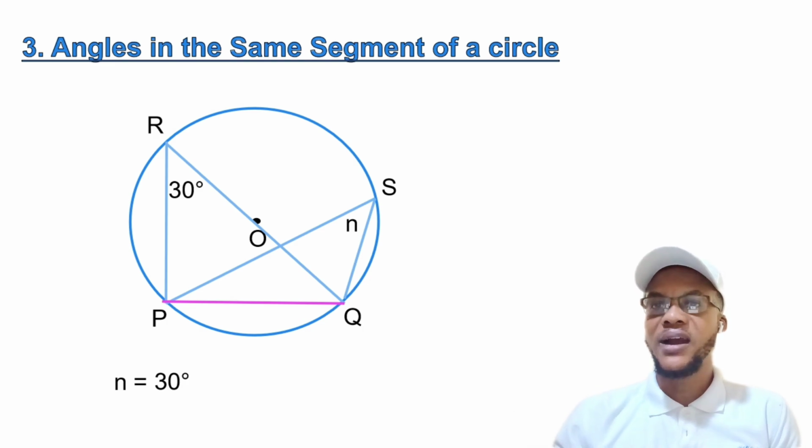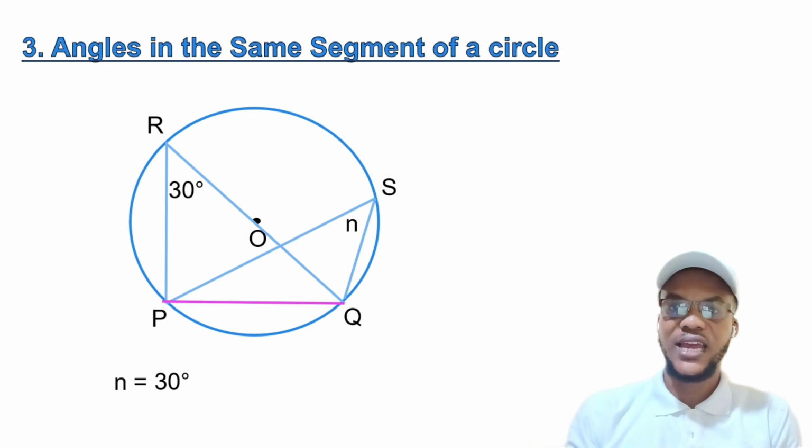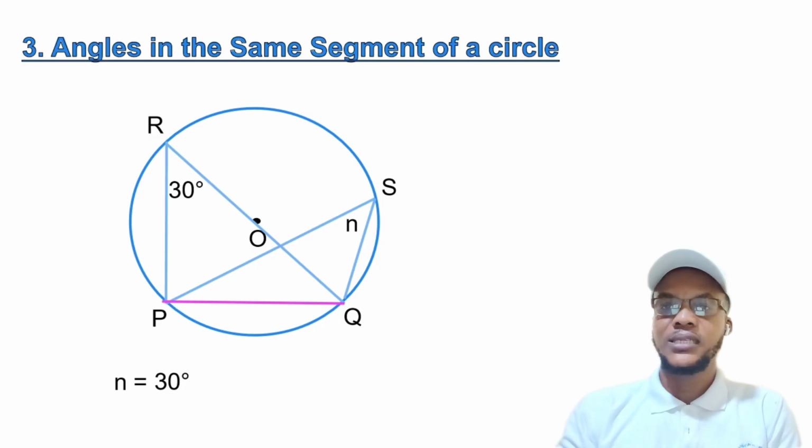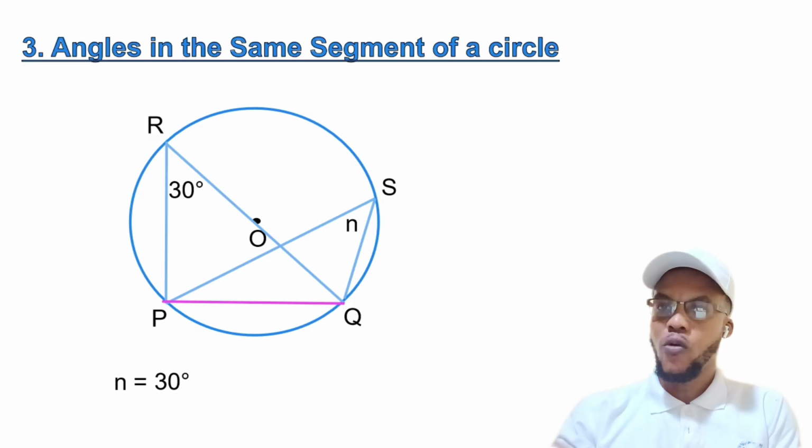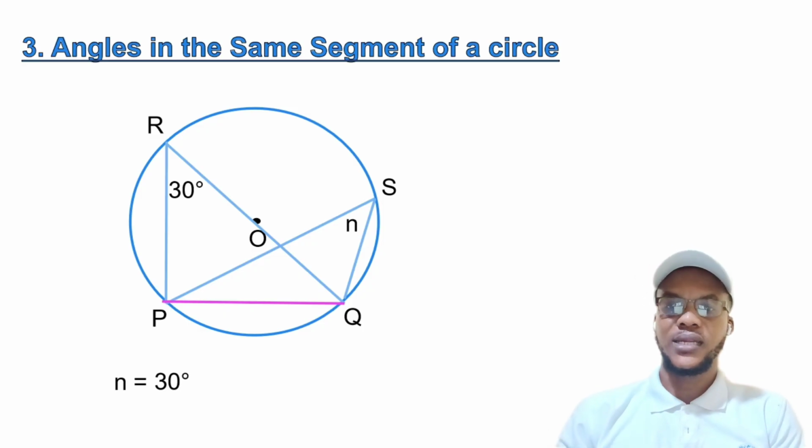So even if you combine 5 theorems, you'll be able to identify this is theorem 1, this is theorem 2. We can even add plane geometry 1, angles, line segments, lines and all that, and combine plane geometry 2 as well. So take note of that.